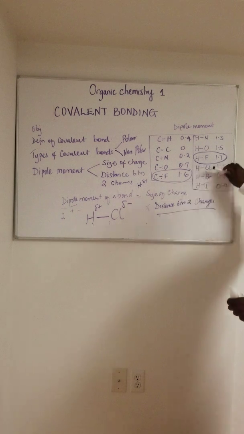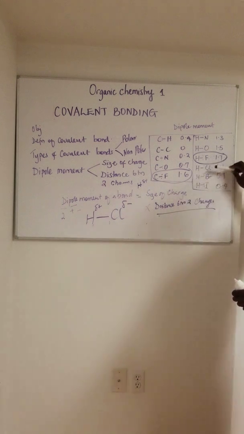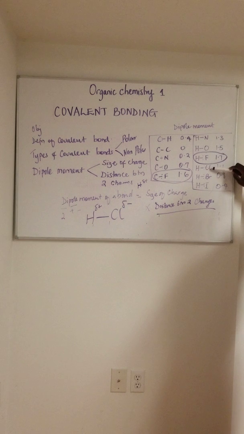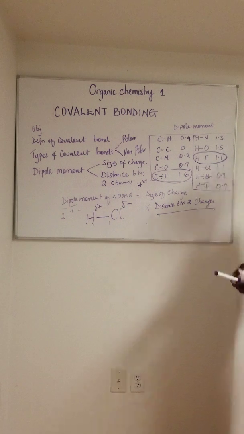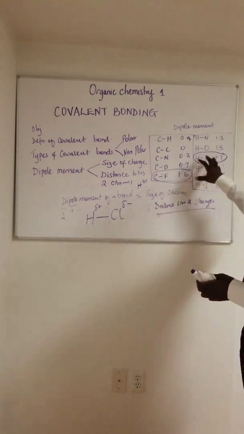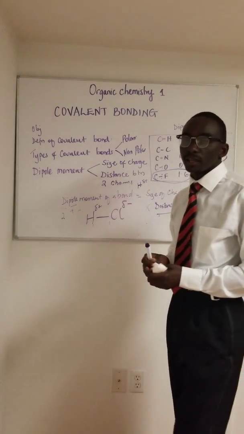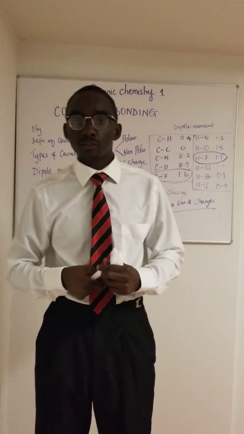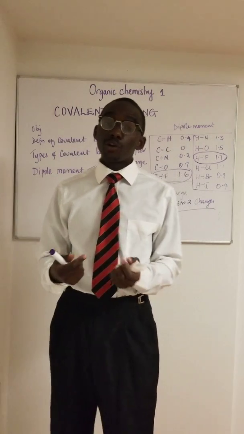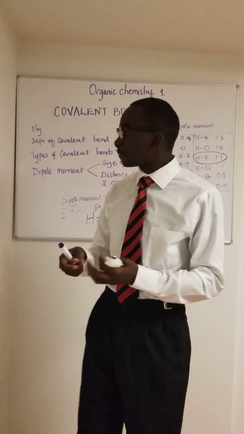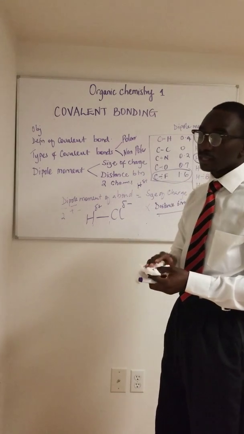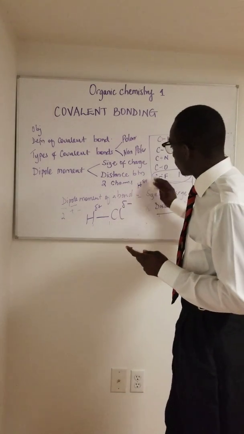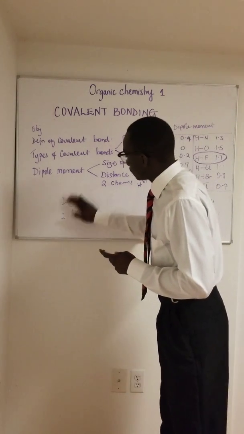Then we see that fluorine has a higher dipole moment than chlorine, bromine, and iodine, in that order. What you have to take from this is that fluorine is the most electronegative element in the periodic table.